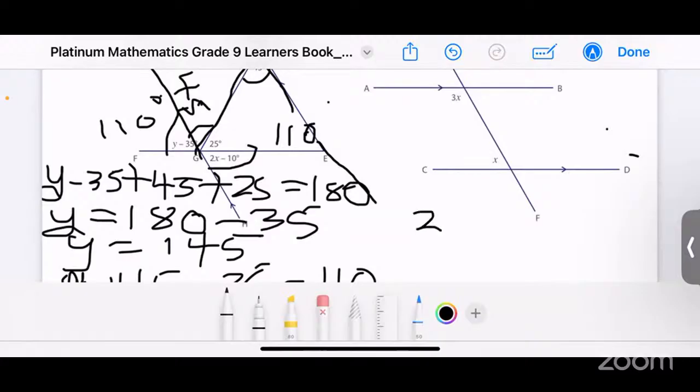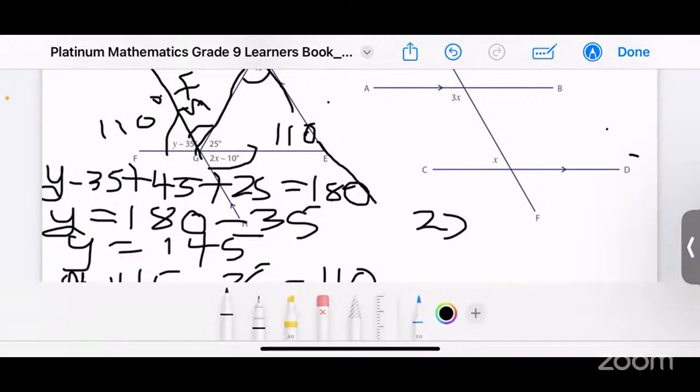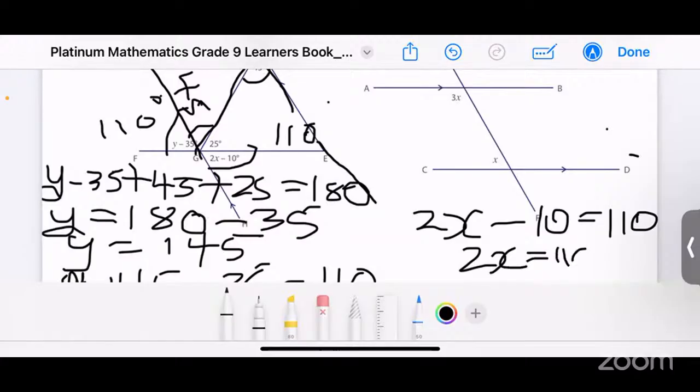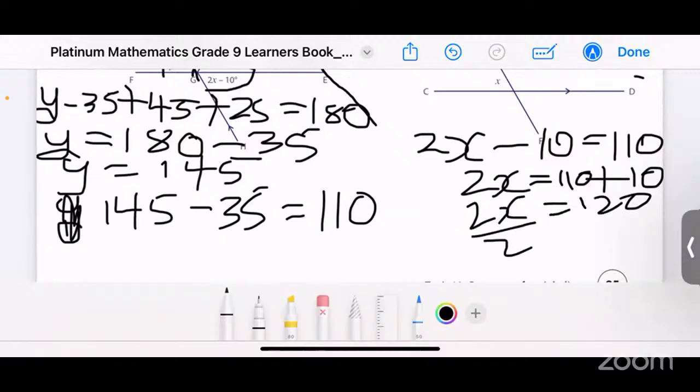So we are saying 2x minus 10 is equals to 110. 2x is equals to 110 plus 10. 2x is equals to 120, divide by 2, divide by 2. X is equals to what? X is equals to 60.